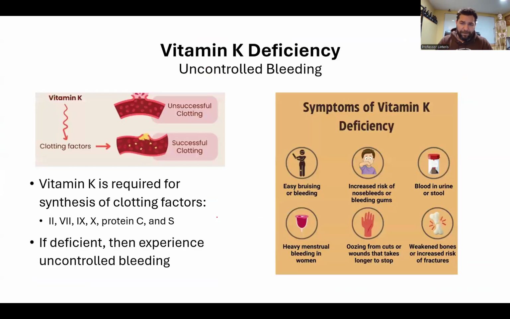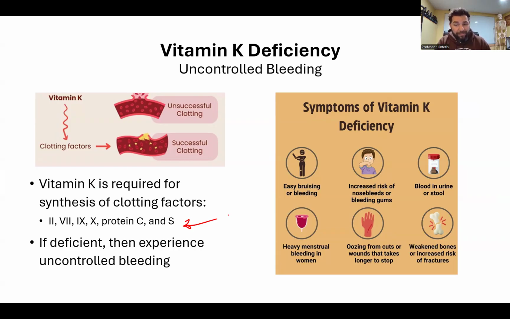easy bruising, etc. And lastly, different than hemophilia, similar in what could happen, but in hemophilia, that's a genetic disorder. And in this situation, it's a nutritional deficiency. So vitamin K deficiencies, vitamin K is involved in synthesizing a variety of clotting factors, right? We need vitamin K. It's a step to produce some of these factors.